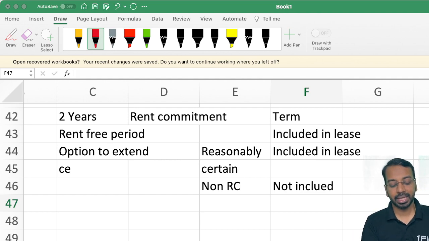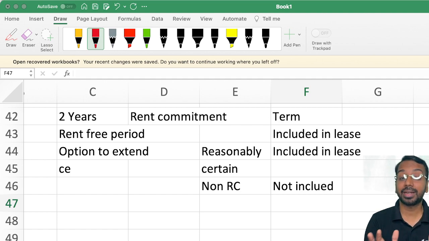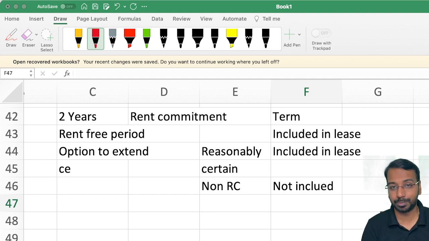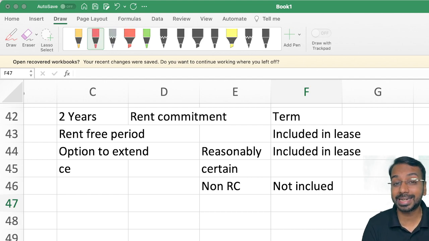So basically, if these options, both to extend or to terminate, were considered in determining the lease period, but subsequently, initially we said we will not extend, but now we have extended, revise the lease term.